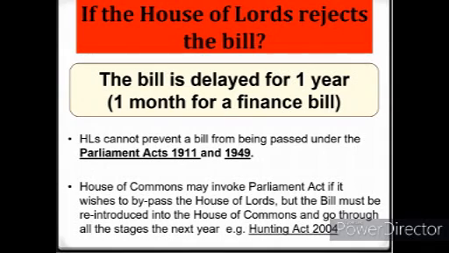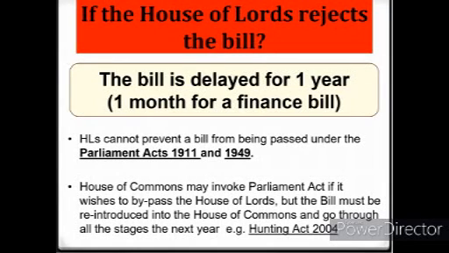Sometimes the House of Lords might actually reject a bill, like it did for the Hunting Act in 2004, which I talked about in my first video in this part of the course. So the House of Lords, just to remind you, can delay a bill for a year, but it can only delay a finance bill for a month.